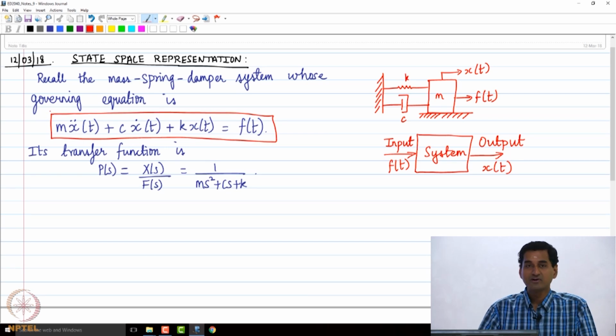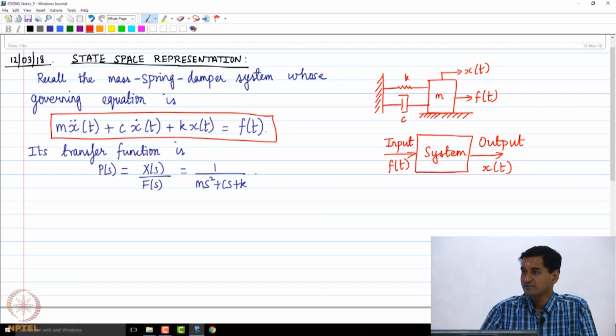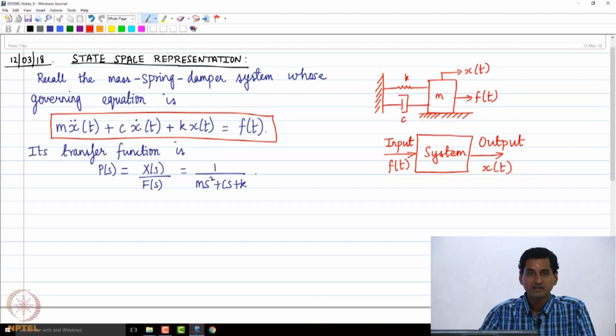For this system or plant the input is the force f of t which we give to the mass. Let us consider that the output of the system is the displacement x of t. That is my input and output for this particular system.